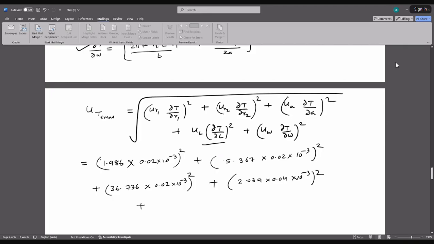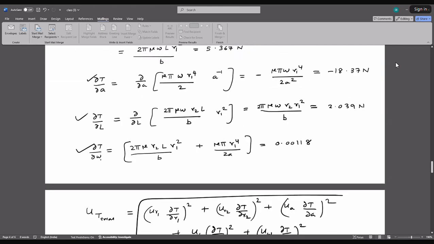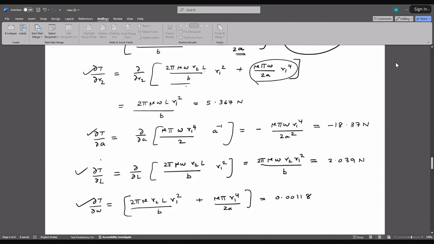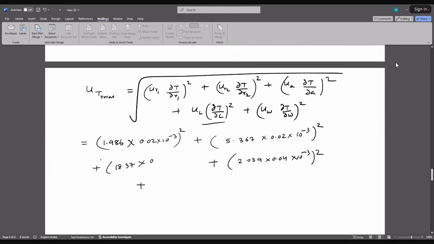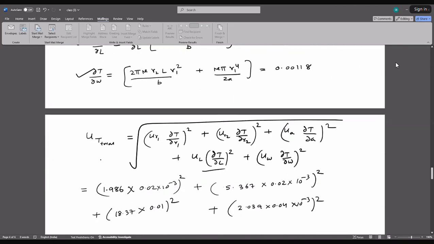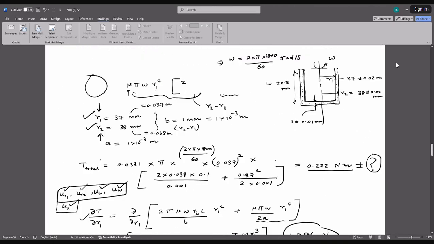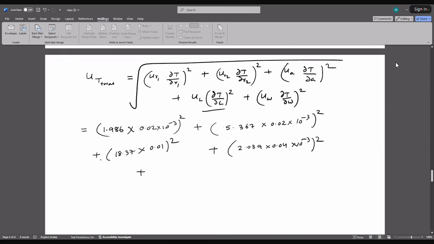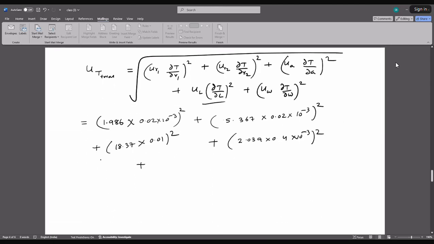I think this is what we missed. 18.37 into UA. UA is 0.01, right? So into 0.01, whole square. Then we have ∂T over ∂L, 2.039, into UL, which is 0.5 mm, 0.5 into 10 to the minus 3, square.